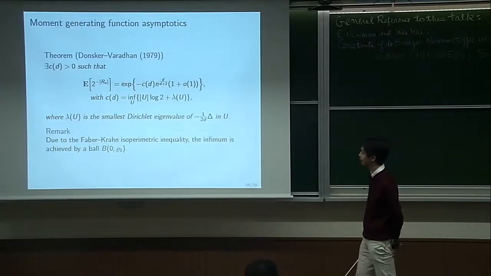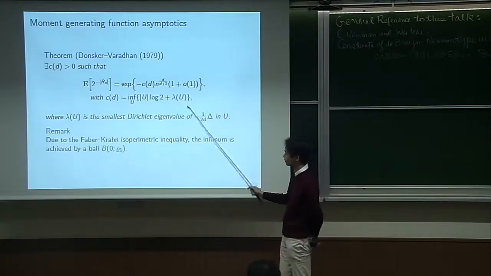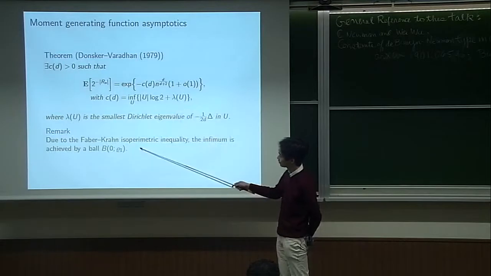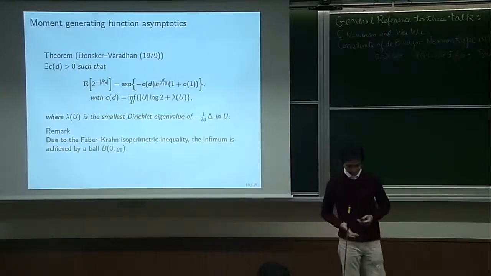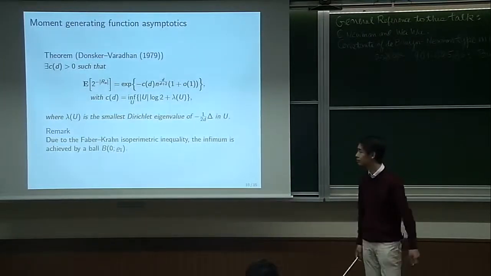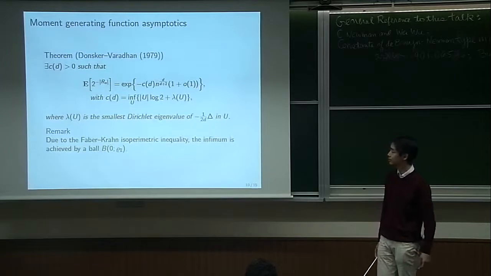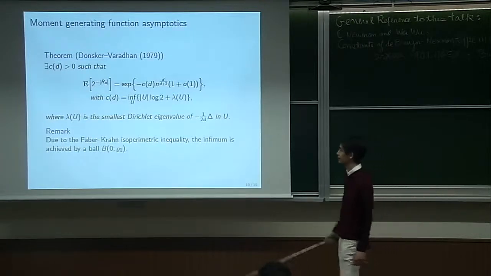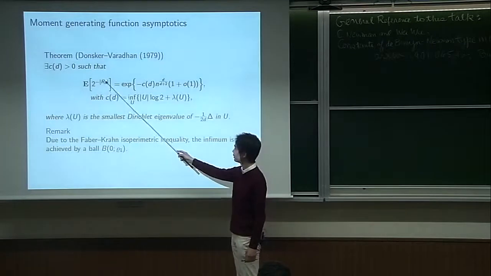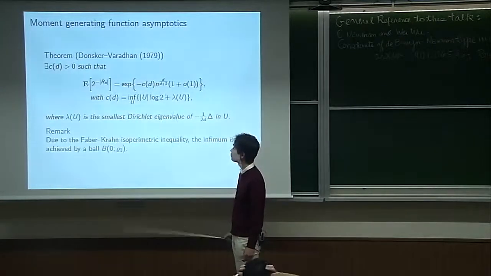You can compute the value of this constant because, due to the Faber-Krahn isoperimetric inequality, this infimum is achieved by a ball. You can compute it up to the first zero of the Bessel function. It is kind of interesting because R_n goes to infinity linearly in n, but it's a stretched exponential.